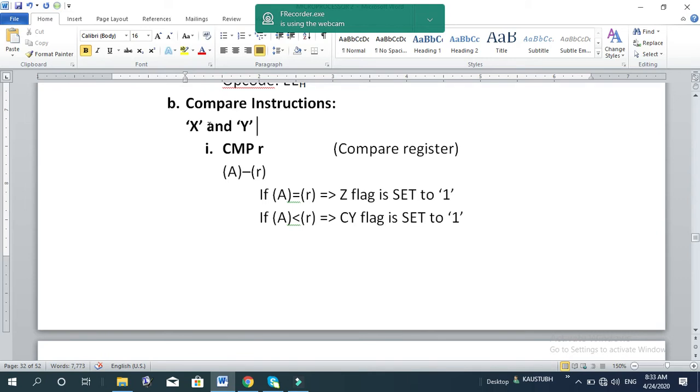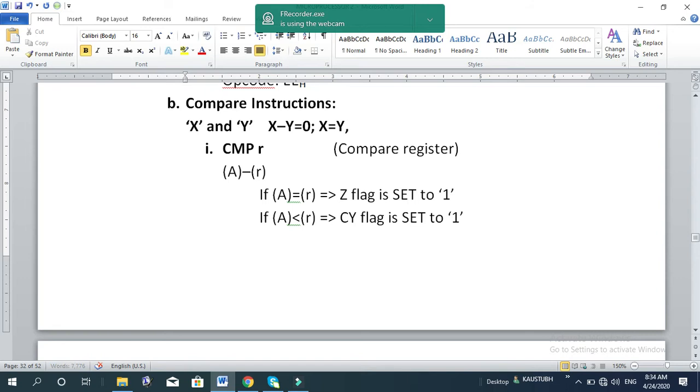We subtract one from the other. Say X minus Y. Now if it is equal to 0, then what is the result? X is equal to Y.